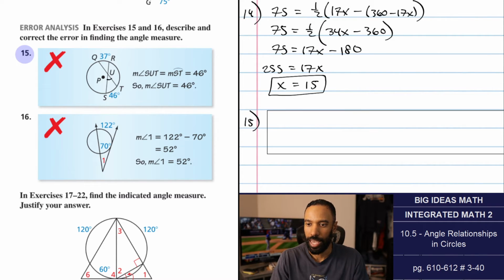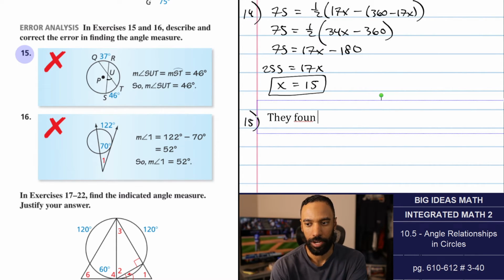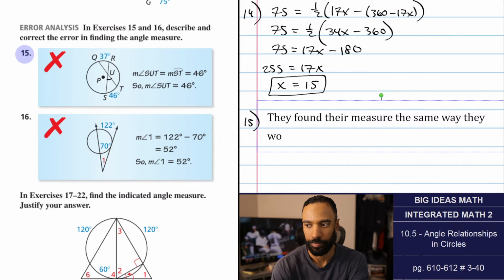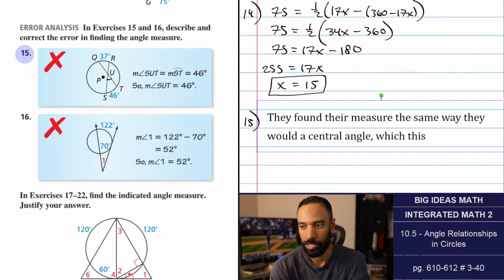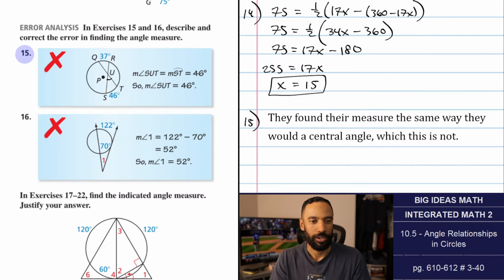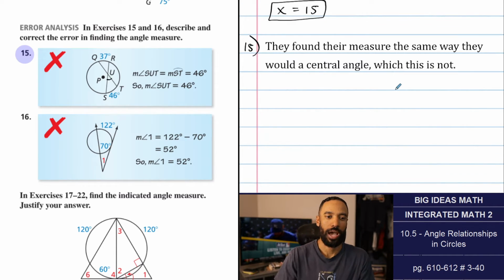They found their measure the same way they would a central angle, which this is not. Another way we know it's not the central angle, it's not on the center. Look, center P is right there, and it's not on the center, so we know it's not that. So how do we find this thing?